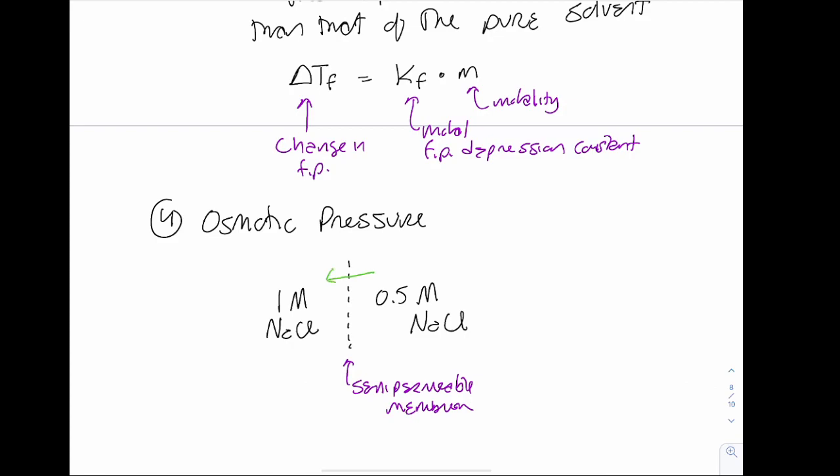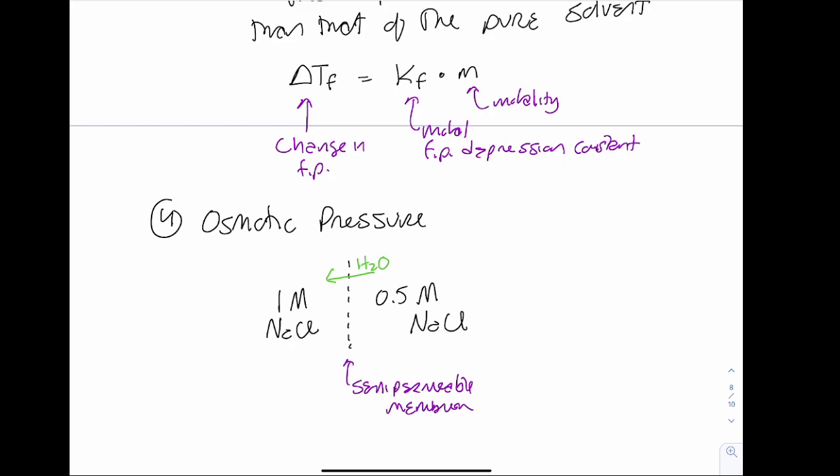So it's going to move from the lower concentration of sodium chloride, which is actually the higher concentration of water, to the opposite direction. So water is moving from the lower solute concentration to the higher solute concentration, which is from the higher solvent concentration to the lower solvent concentration. So it's water, my solvent, moving across.